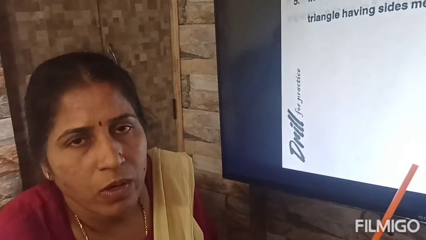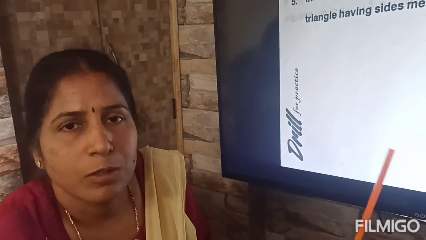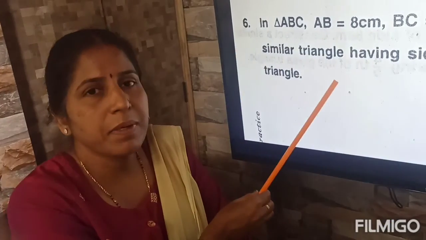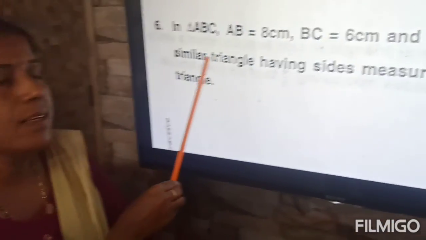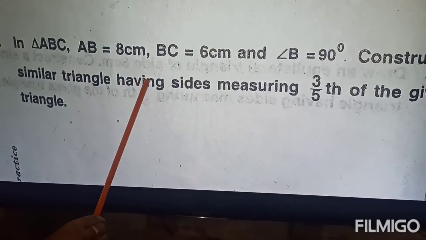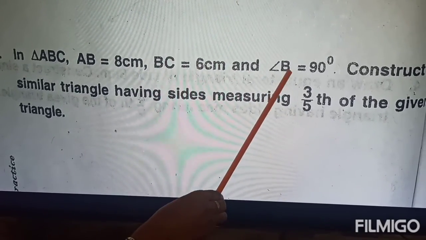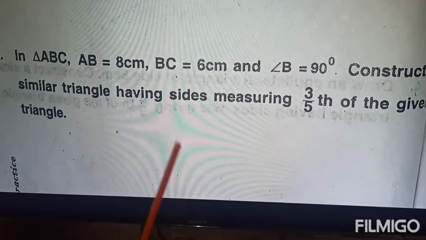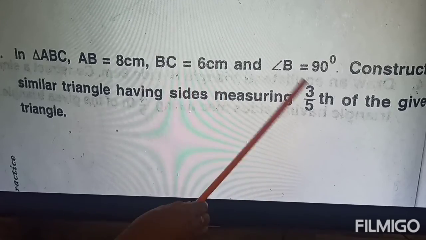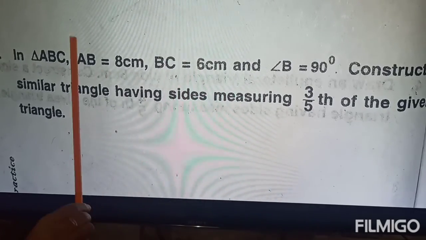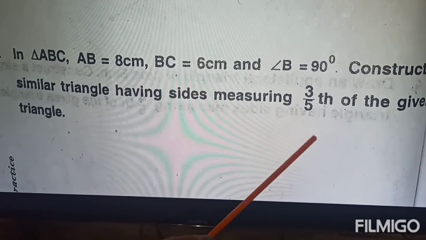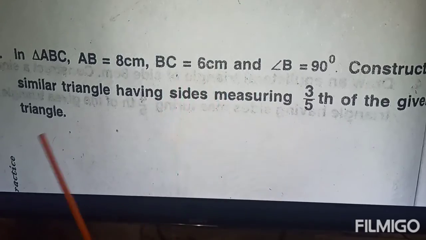One more example: in a triangle ABC, AB is equal to 8 centimeter, BC is equal to 6 centimeter, angle B is equal to 90 degree. Here it is a right angle triangle. Construct a similar triangle having sides measuring 3 by 5 of the given triangle.